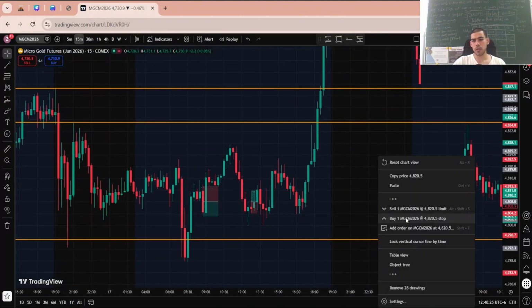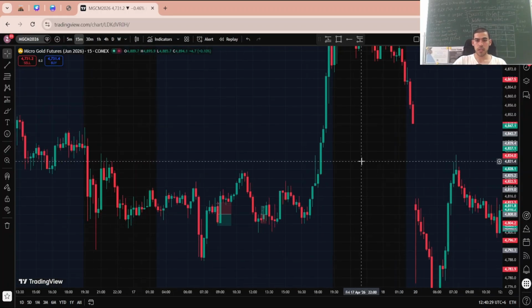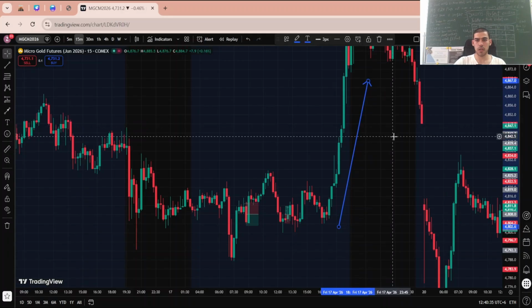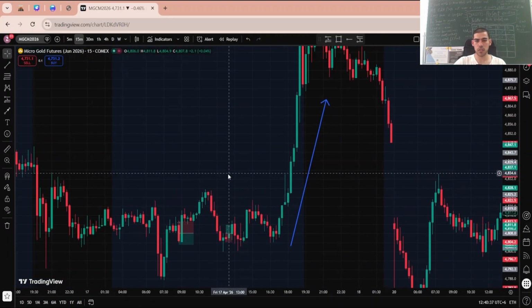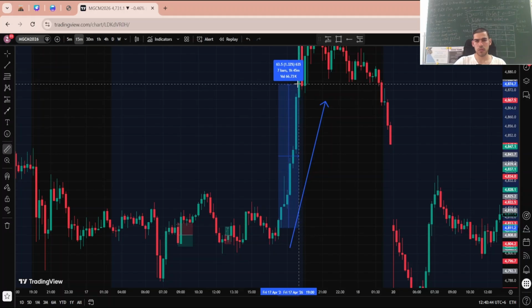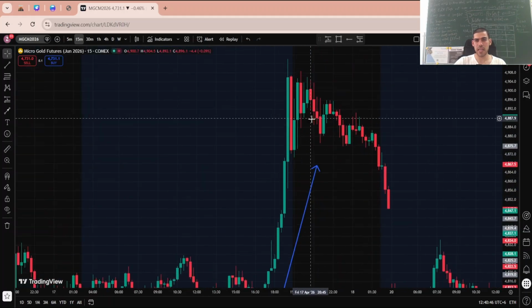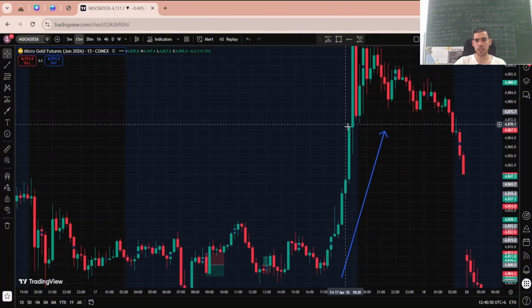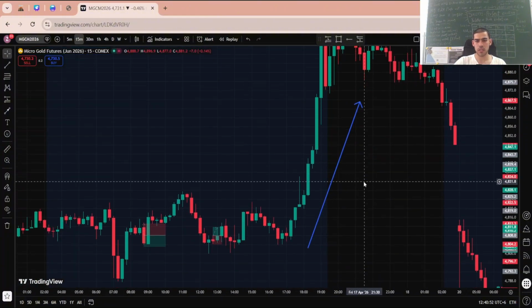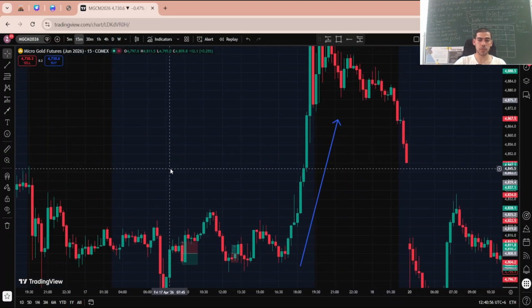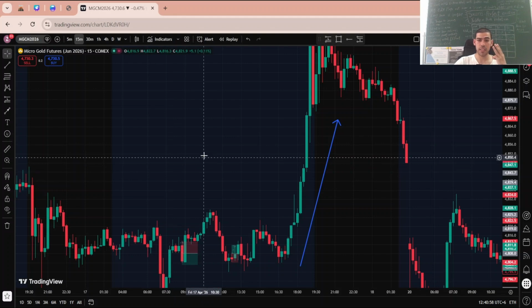For example, you can see here how price moved bullish for about, look how many green candles there were, about seven green candles. So do you think it's a good idea to take buys here or here? Actually, it's not a good idea at all to take buys after three green candles.